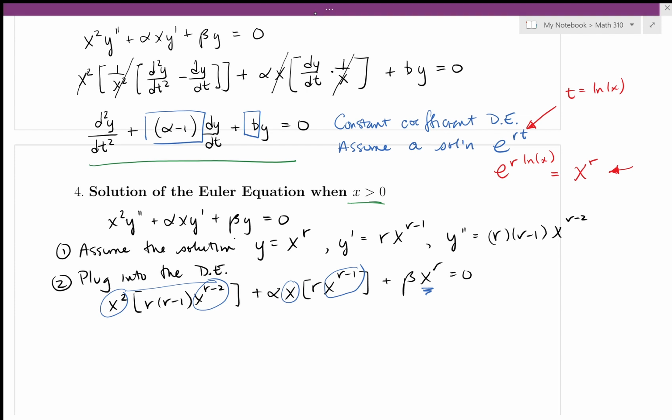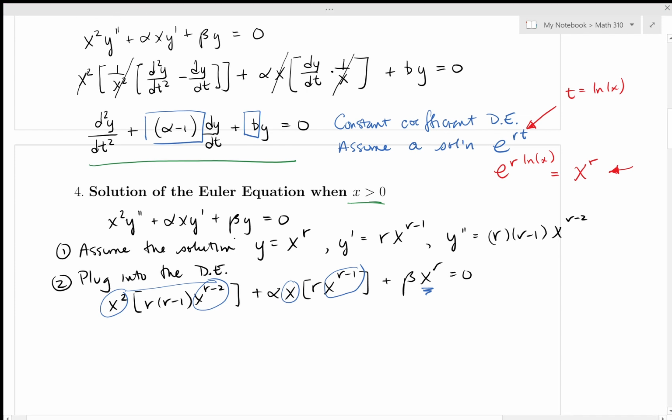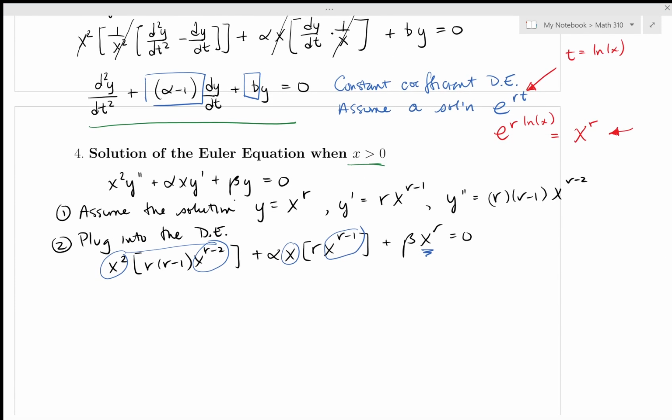That allows me to factor out that x to the r. Okay, so let me do that. Factor that out: x to the r times r times r minus 1 plus alpha r plus beta equals 0.